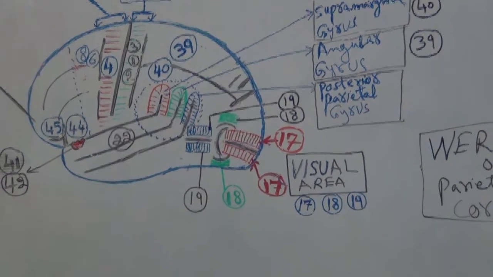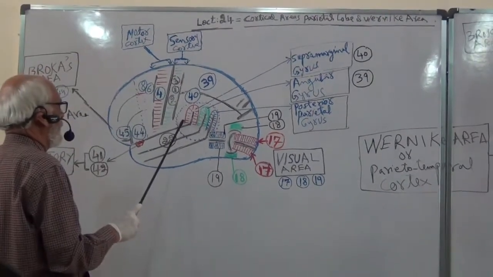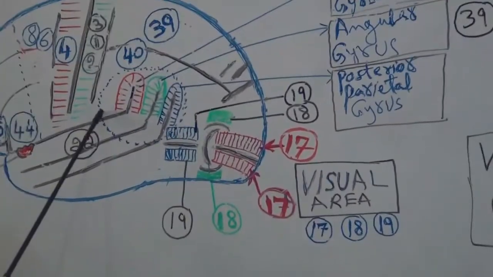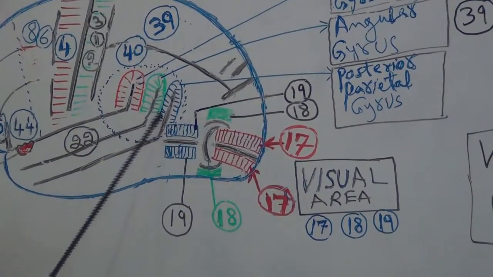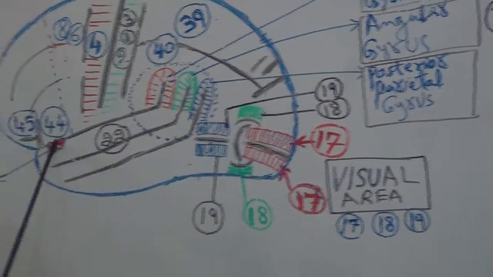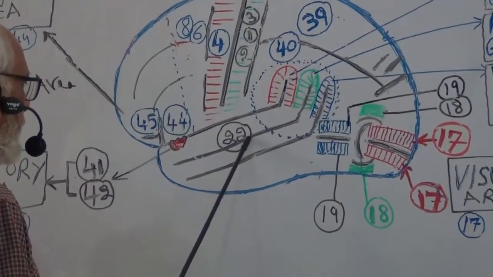Now, this is Wernicke's area. It includes the lower part of the inferior parietal lobule and the adjoining part of the posterior portion of the temporal lobe. Here is the auditory area, area 41, 42. The rest of the superior temporal gyrus is area number 22.